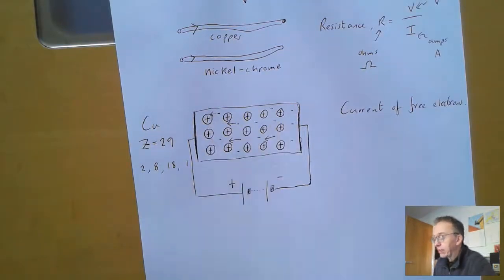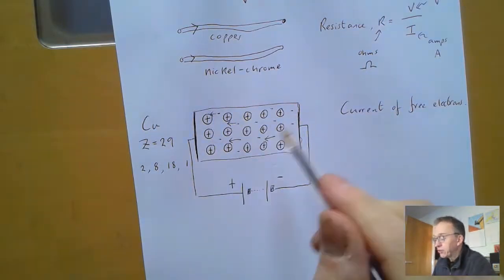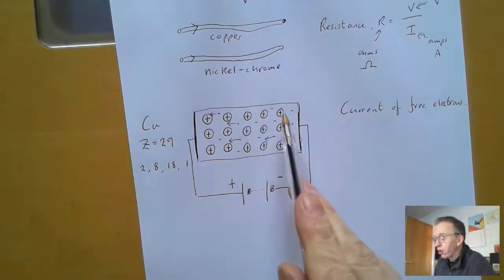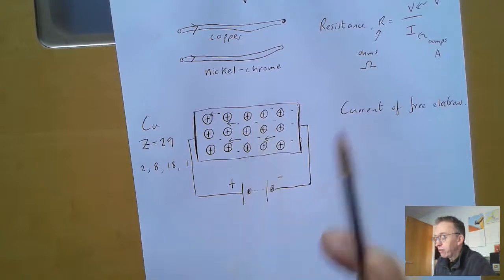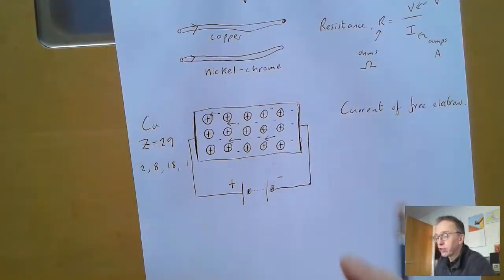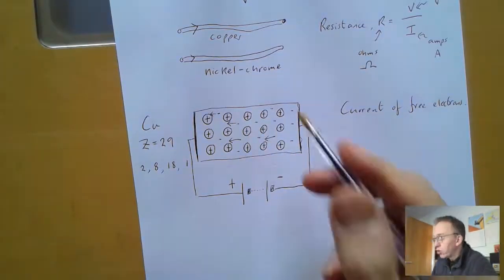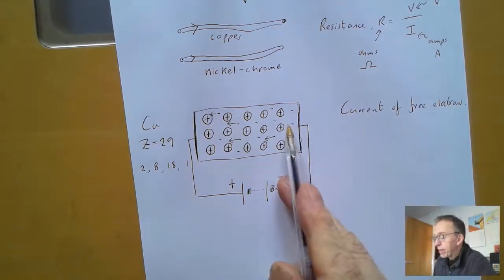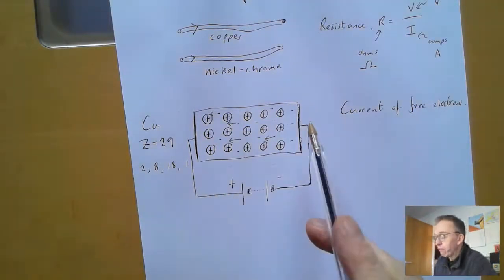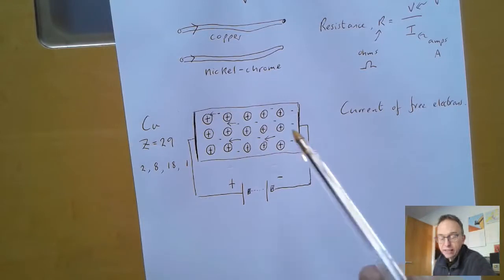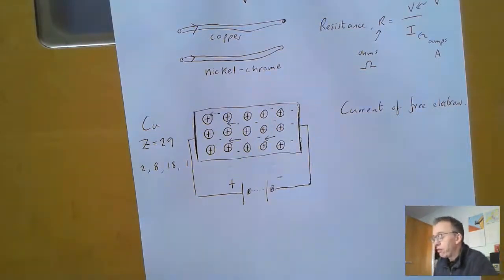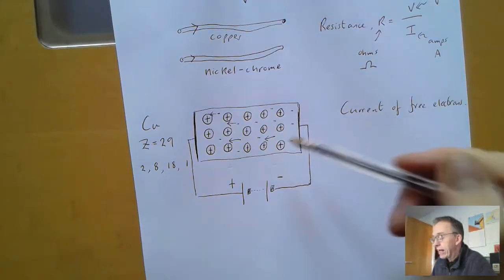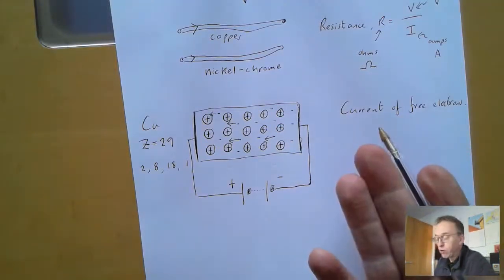Well, instead of having a clear bumper track rink to go round and round, it's got lots of obstacles, and it gets accelerated along, but when it hits one of the obstacles, that slows it down again. So we have millions and millions of free electrons in the metal, but as they drift through, they bump into the fixed copper ions, and that slows their progress.